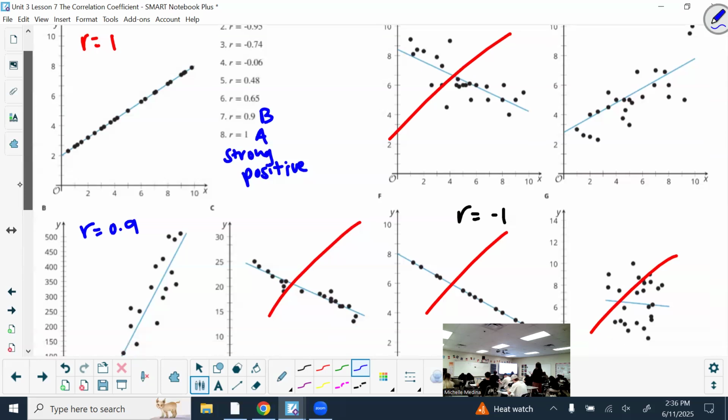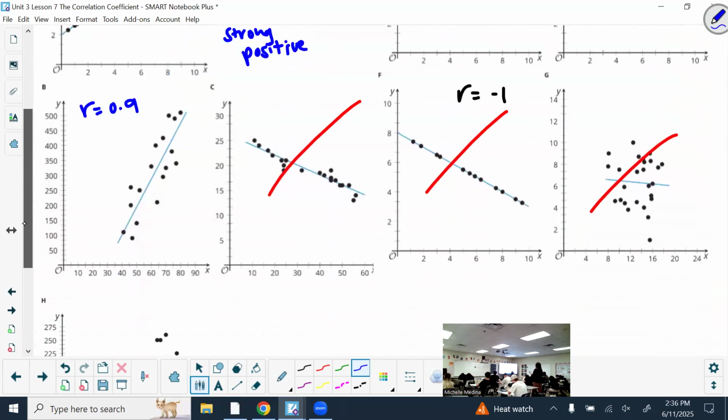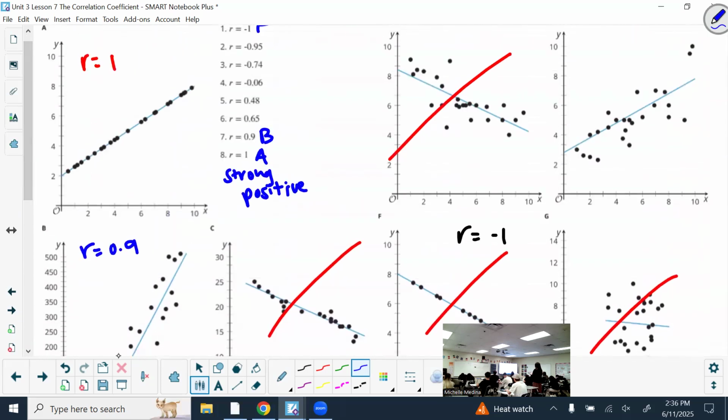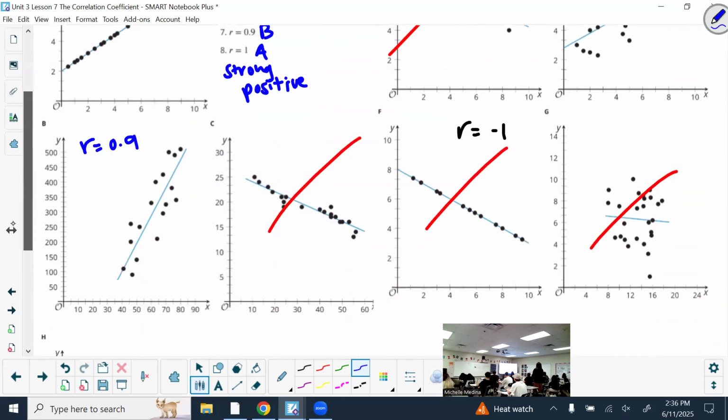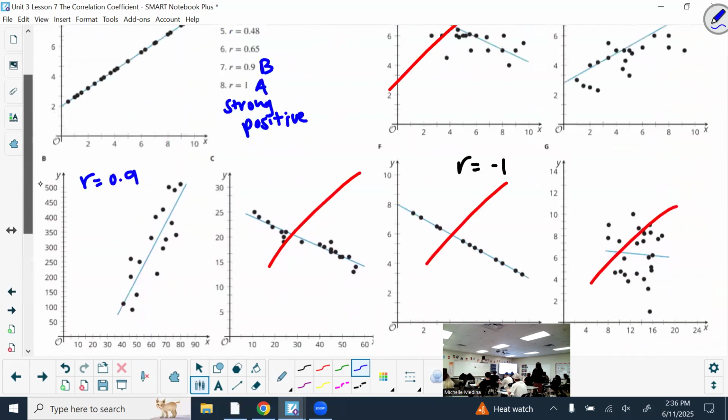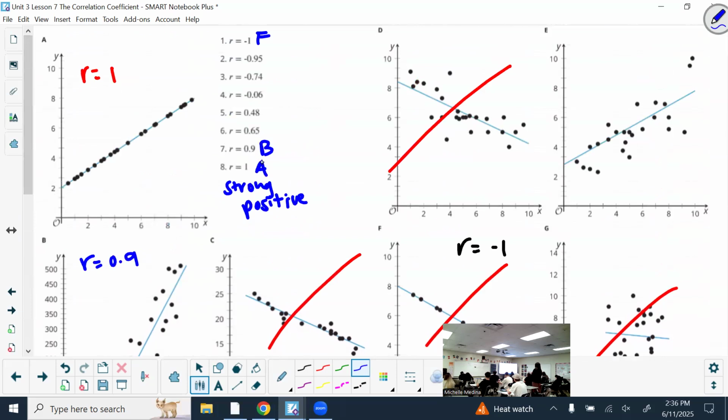Would you say that out of the positive graphs this one is the second strongest overall? You guys agree with that? The other ones look more loose. A is definitely the strongest, that's why we gave it the R value of 1. 0.9 is pretty close to 1, but it's not as high as 1, right? So I would agree.